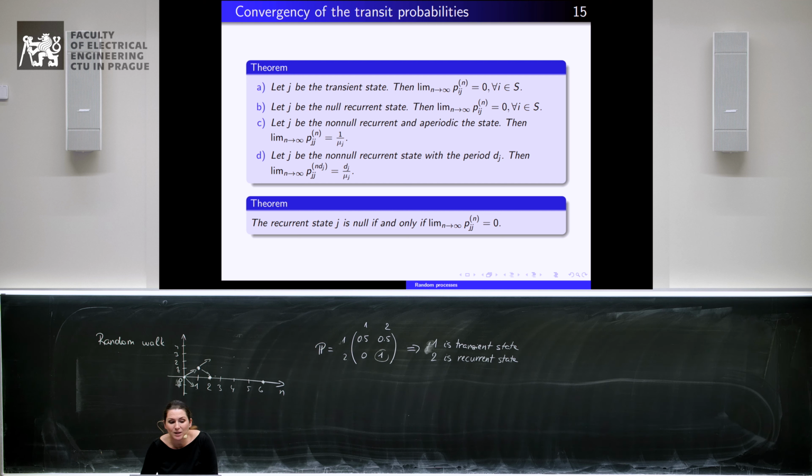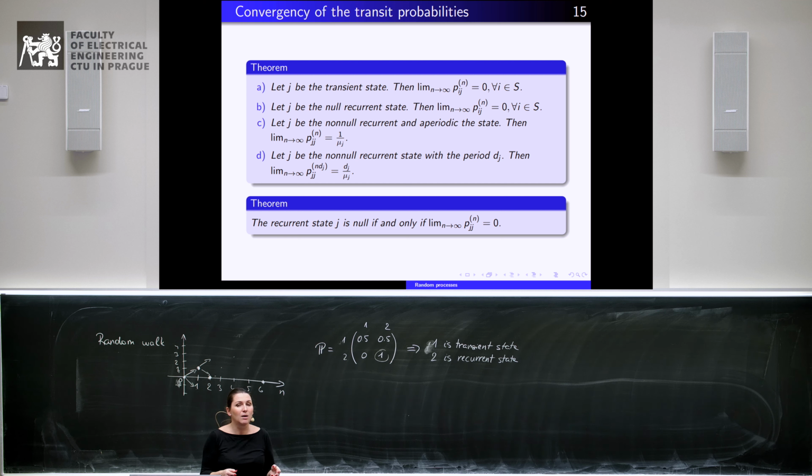And in fact, it makes sense, because imagine that we return to the state j on average each 10th step. It means that in 10% of steps, we will go back to the state j.